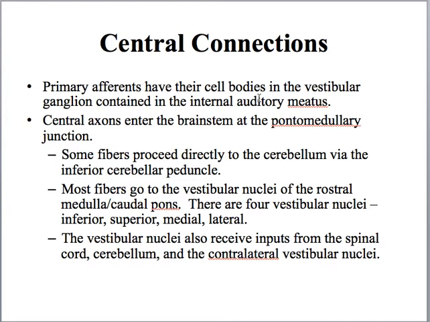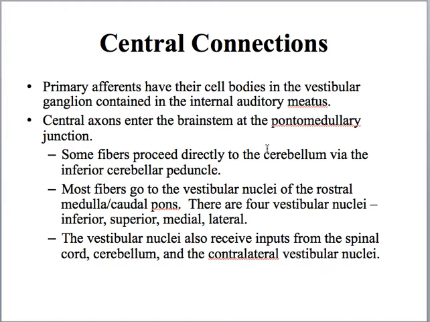They're going to enter the brainstem at the pontomedullary junction. Some fibers will not project directly onto neurons within the pontomedullary junction. Instead, they'll bypass that and proceed directly to the cerebellum. They'll synapse within the cerebellum via the inferior cerebellar peduncle.